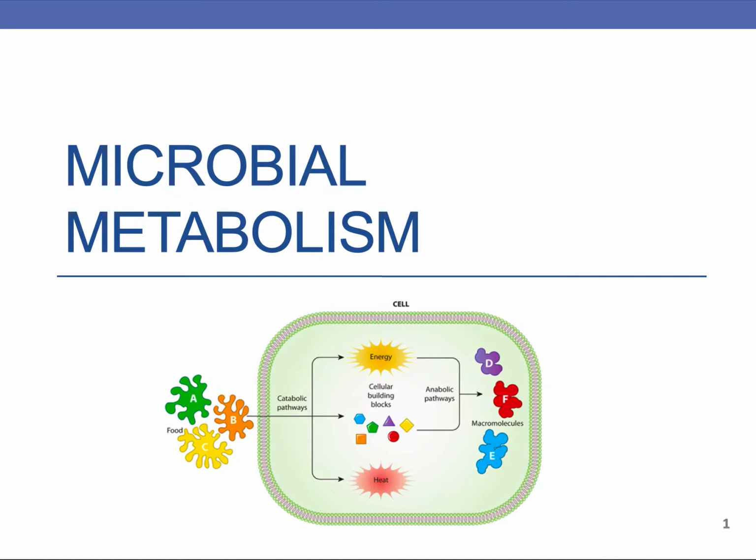So for this lecture, which is part 1 of our lecture on microbial metabolism, we will look at some of the chemical reactions that take place in microbes, the energies that they're able to harness, the fact that some of them are able to use carbon dioxide, sulfur, and iron, the different metabolic pathways.